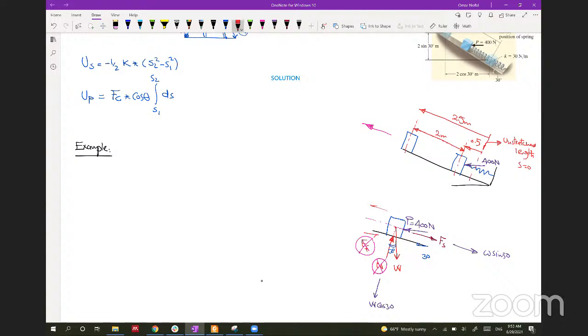So this component of the weight doesn't exert work, but this one does. And it's exerting negative work because it's in the opposite direction of the motion. We know that this body is moving in this direction and the weight is going in the other direction, so the weight is doing negative work on the body.